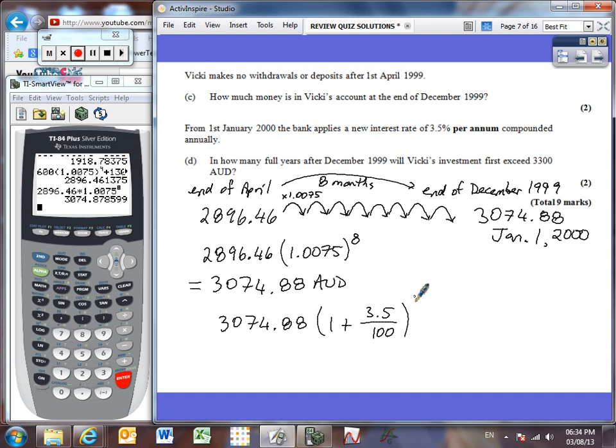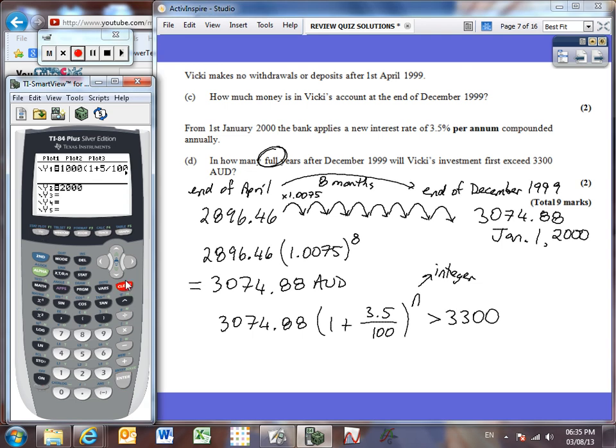And I want to figure out what is the number of years it will take in order to have grown to at least 3,300. Now because it says full years, we know that n must be an integer. And we learned earlier on that when the variable you're solving for is an integer, the best way to do it is with a table.